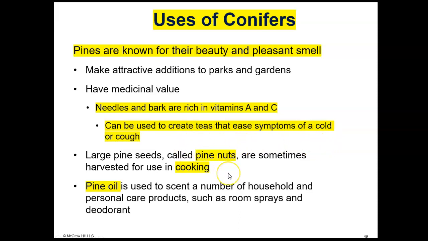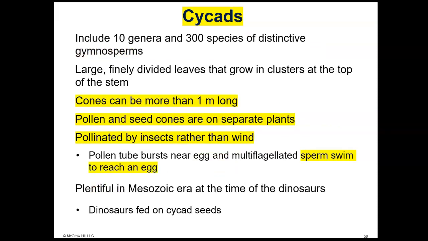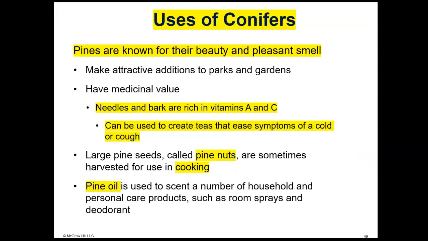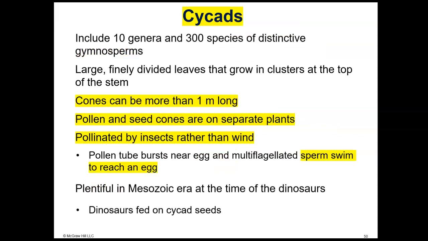I've never tried that myself, but I have had pine nuts used in cooking, because you can make pesto. There's a type of pesto that you can make with pine nuts. And then pine oil is used to scent household and personal care products. It didn't even say here, but the wood of the pine tree is also used.